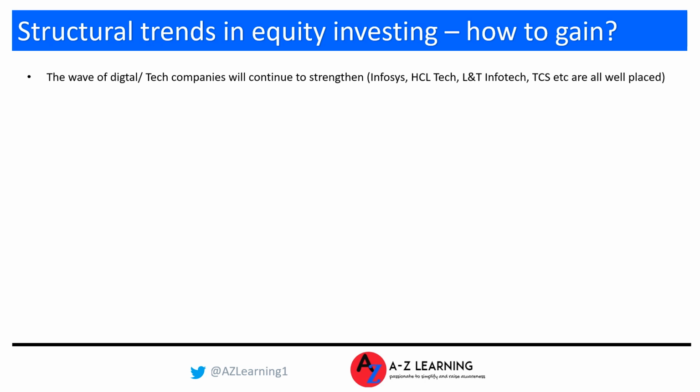But the tech companies have proven that they can withstand any crisis that comes their way. So the digitalization of businesses, and tech companies playing an important role to help companies and industries achieve that, is going to get strengthened and strengthened. So for the next 10 years, I do see the trend in favor of digital and technology companies.